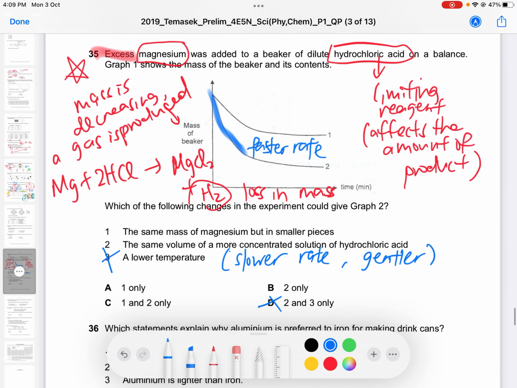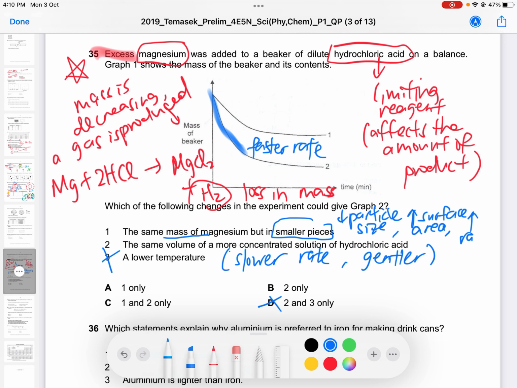Okay, now next one. You see that I use the same mass of magnesium but smaller pieces. Smaller pieces means lower particle size, increase in surface area. So I will have faster rate, right?